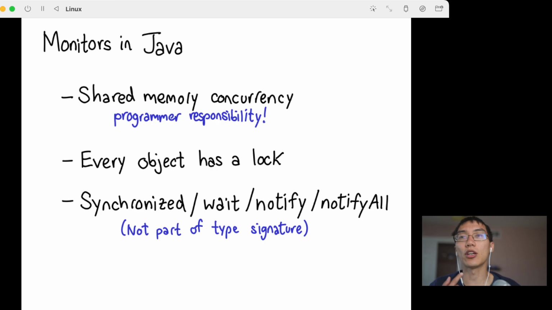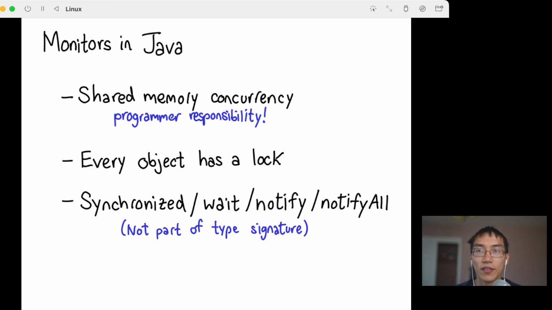Java implicitly associates every object with a lock. So you don't actually have to define any locks. You can always lock on the object in question because, remember, locks are all about preserving data. So we want to associate a lock with the data. And then there's the keyword synchronized, and then a bunch of methods, wait, notify, and notify all, that tell you how to interact with things.